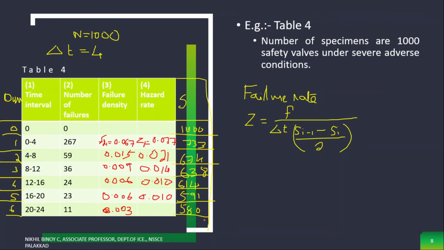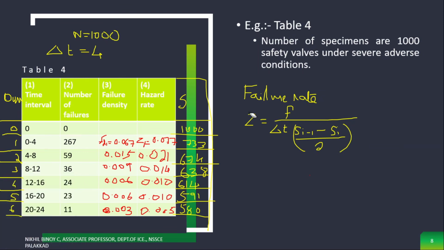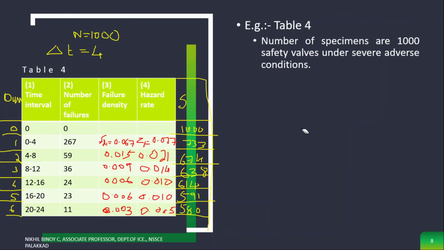So what we have, 0.004696. So we can write it as 0.005. So this one is a hazard rate corresponding to this term. Is it okay? Now if you want, you can find reliability also. In two different ways you can calculate reliability. I am going to show the first entry only.